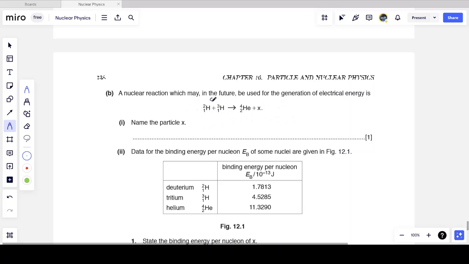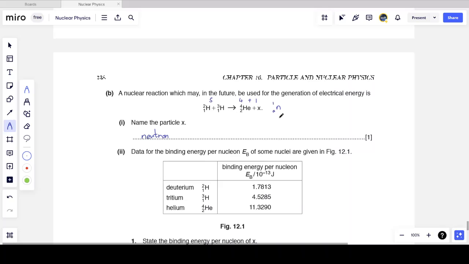I have 5 on the left-hand side and 4 on the right-hand side. Now, I'm very good at mathematics, so I know that 5 is 4 plus 1. So I need something with a nucleon number of 1, but a proton number of 0. Well, that thing is a neutron. So X on the right-hand side will be a neutron, 0, 1, and that balances the equation.